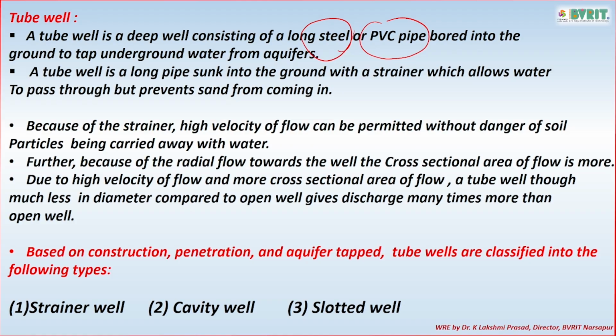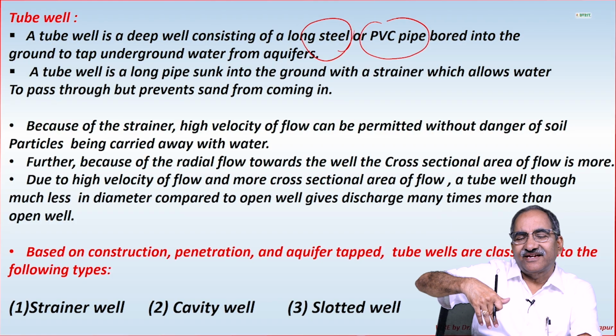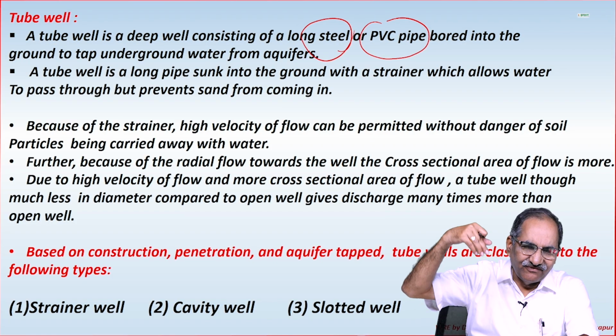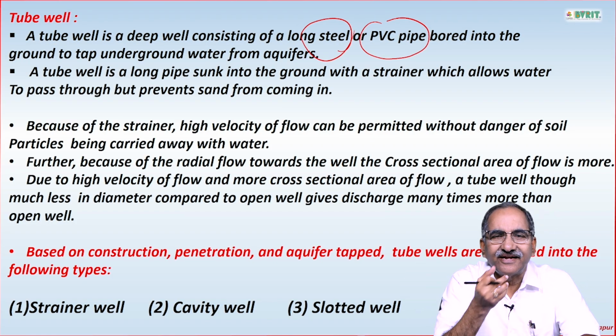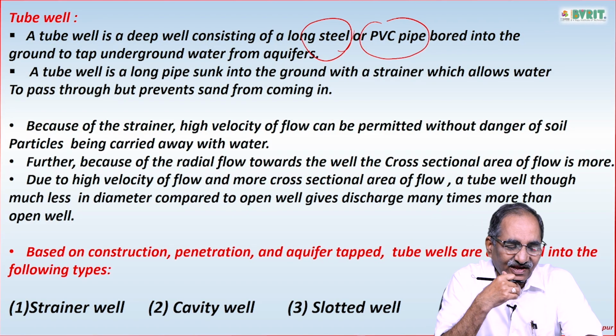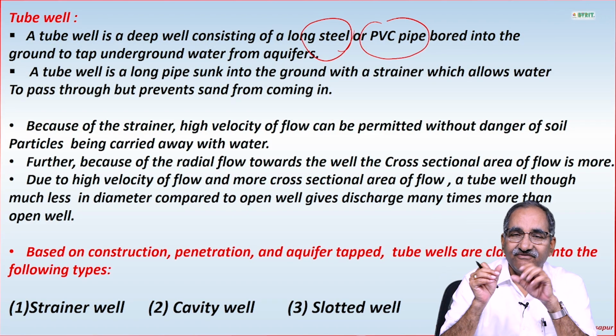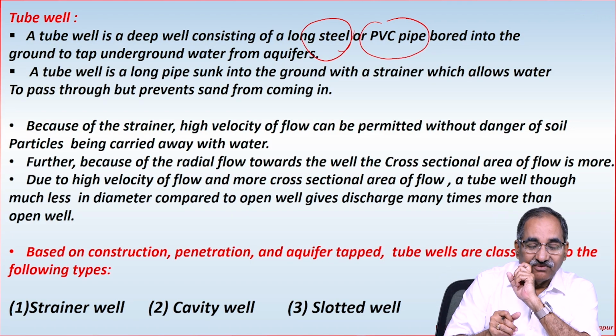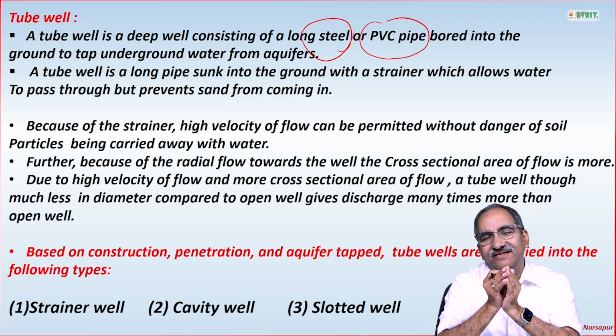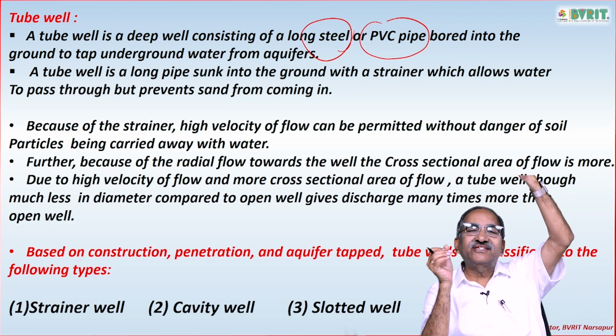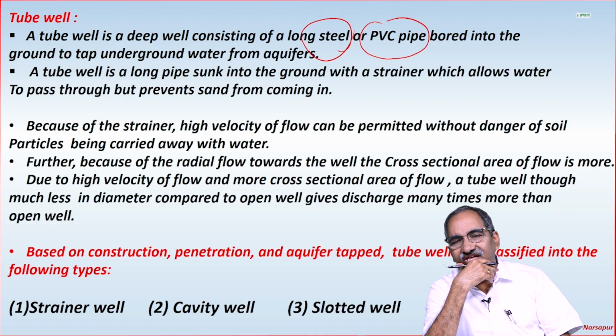Many of you must have seen the rigs which are boring or constructing bore wells to very large depths, and that is what we call a tube well. Its diameter is generally very small. The tube well is not just a PVC pipe that goes into the soil.